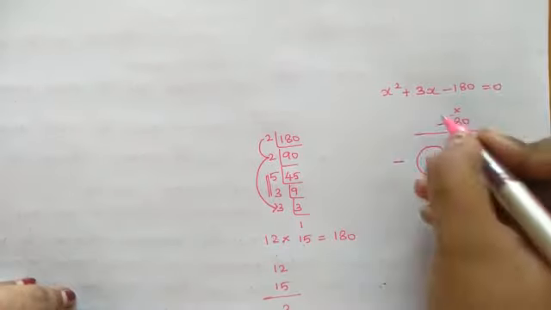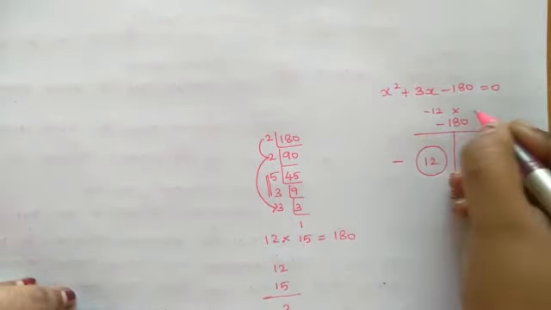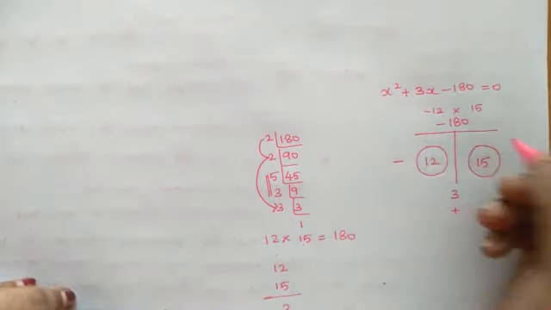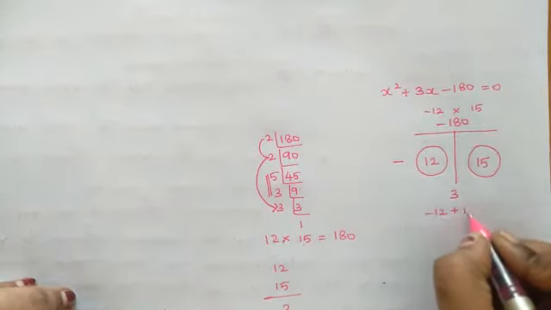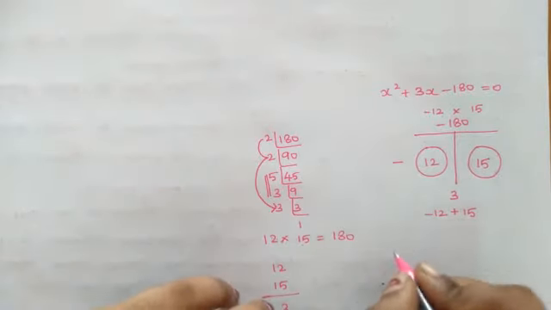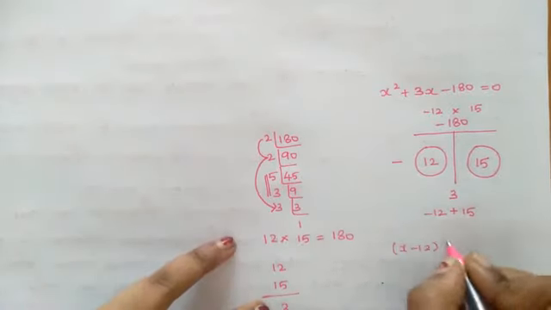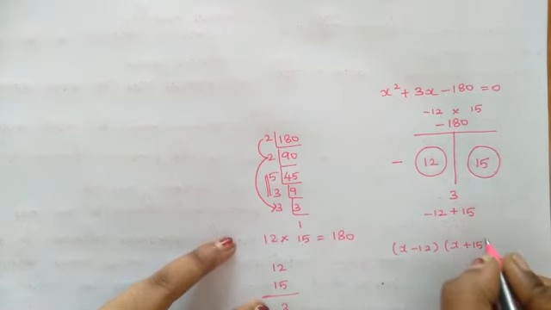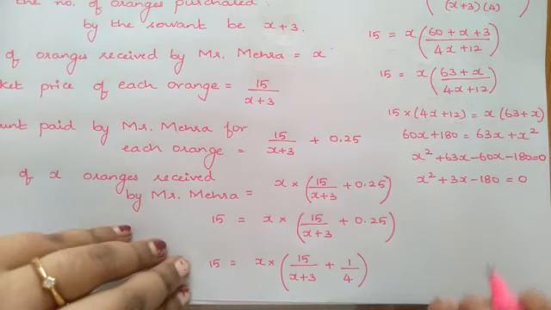Check out now. Minus 12 into 15 will be minus 180. Minus 12 plus 15 will be 3. So the numbers are minus 12 and 15. So the factors will be x minus 12 and x plus 15. So we have factorized here.